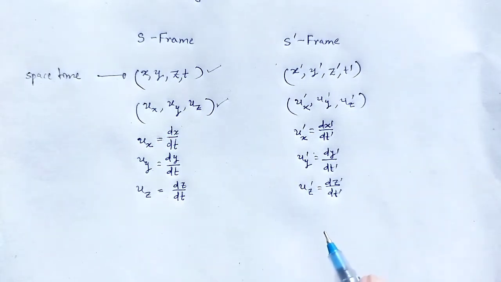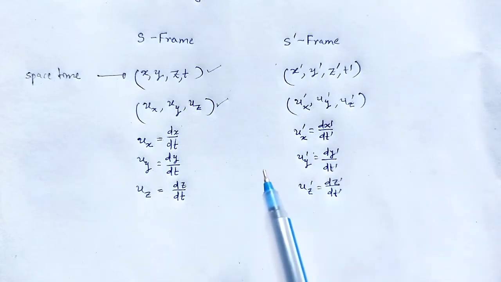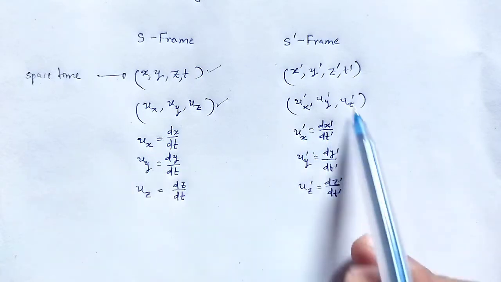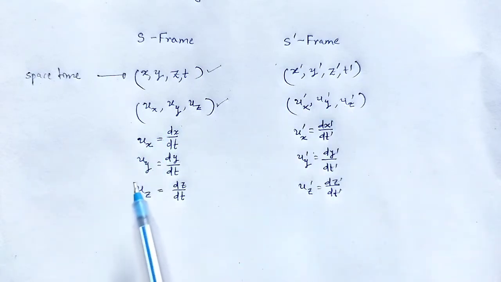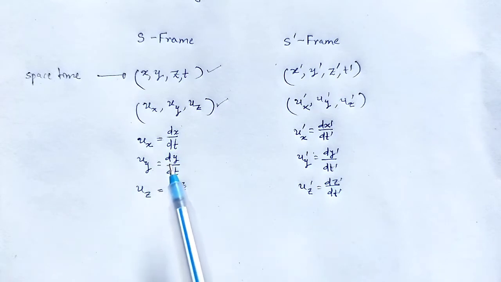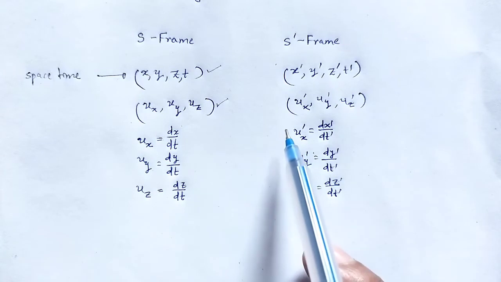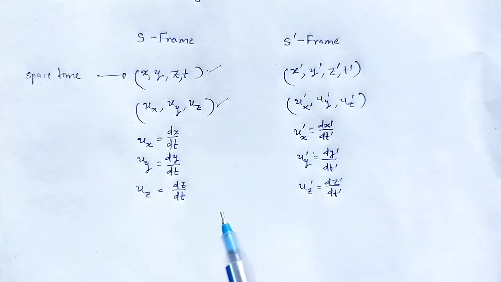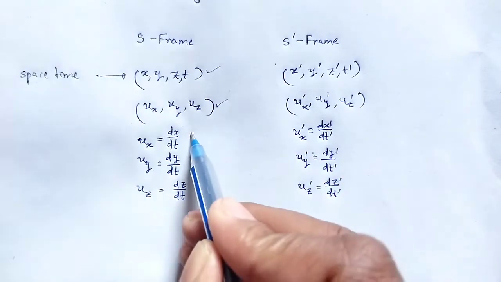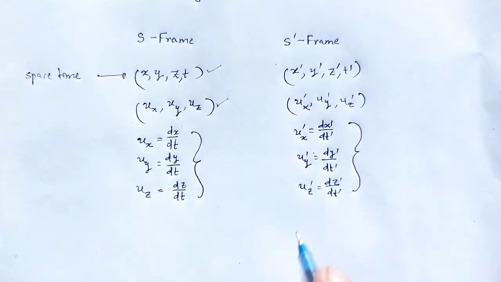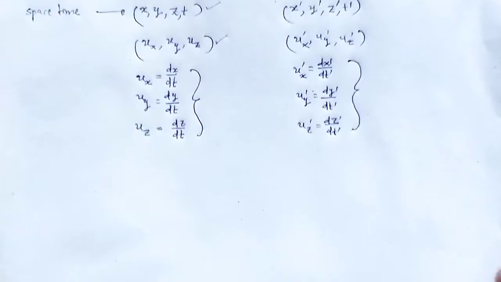Then our aim is to find out the value of ux dash in terms of ux, and also its inverse transformation, ux in terms of ux dash. To find this, we have to use Lorentz transformations.